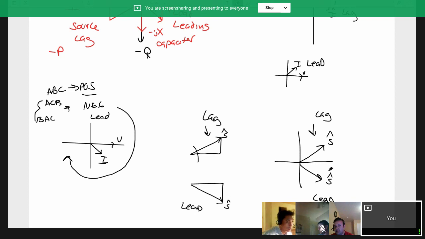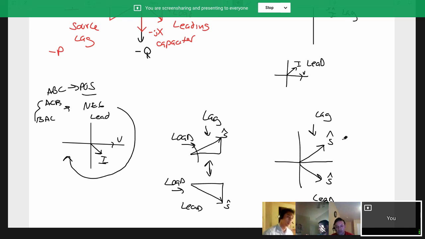Load or source down here? Look at this. We're used to seeing them like this, right? Load or source? Oh, it's load. Load or source? Still load.